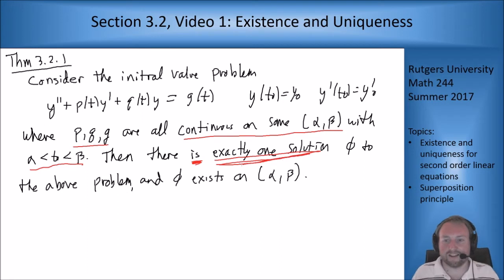So there's our existence and uniqueness statement: there is exactly one solution phi to the above problem, and phi exists on all of alpha to beta.